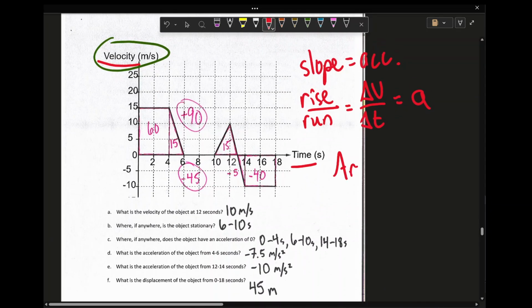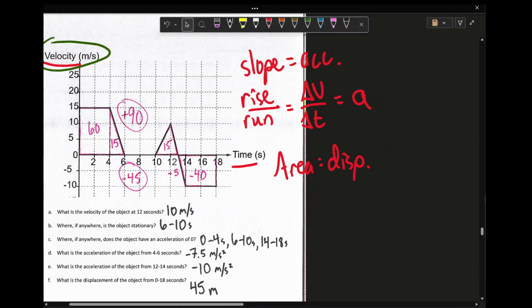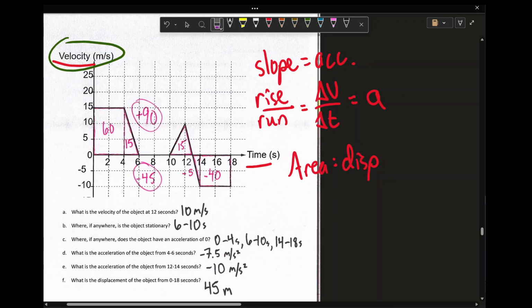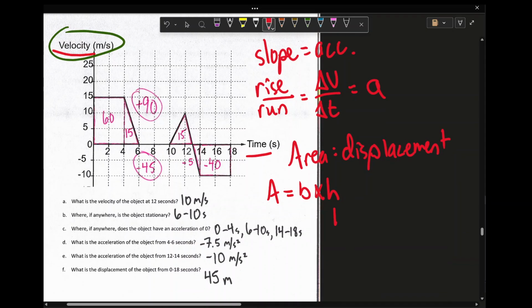And then as far as the area goes, the area under the graph of a velocity versus time graph is the displacement. The reason that works is because the area in general is some version of base times height, where the base in this case is the time, and the height in this case is velocity.